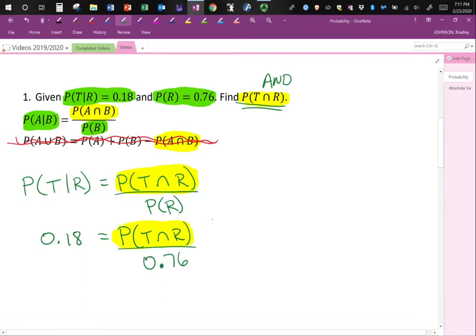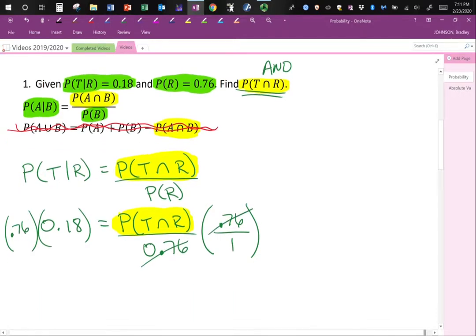How can we get just the probability? What you need to do is multiply by 0.76 to both sides. And when you multiply by 0.76 to both sides, on the right hand side you can see they cancel out. And then we would have on the left hand side 0.76 times 0.18.